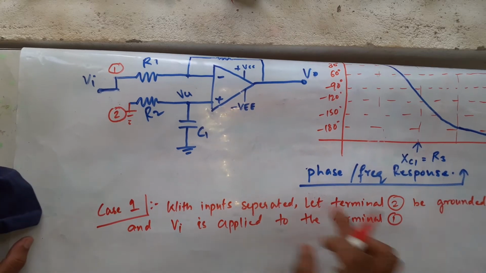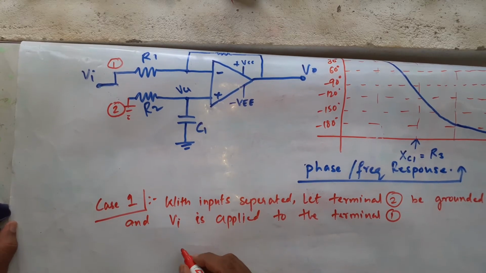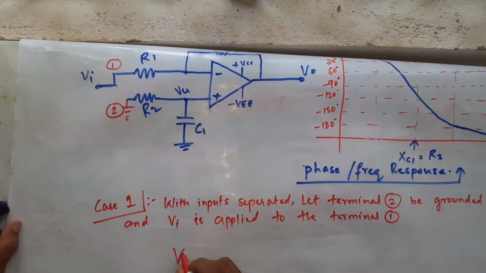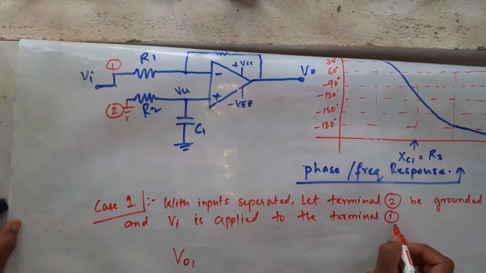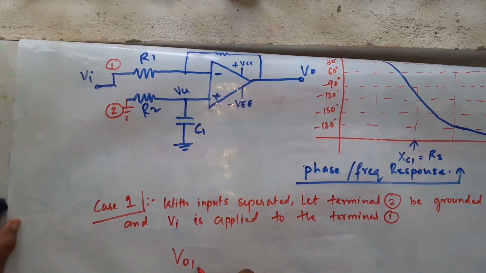If this is the circuit after modification for case 1, how can we write our output V naught suffix 1? 1 is representing case 1, because our terminal 1 is supplied with input.